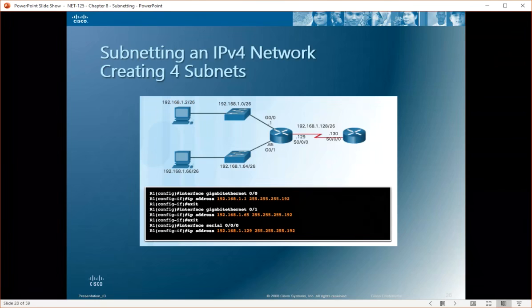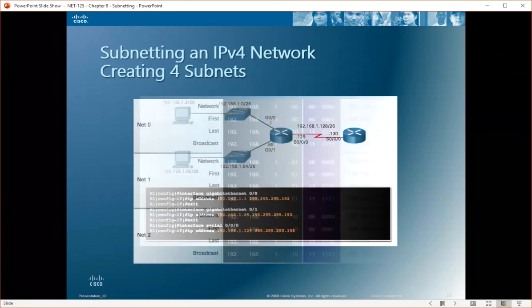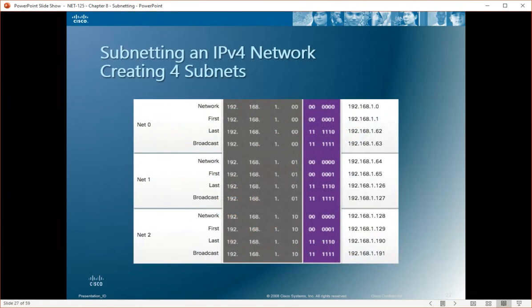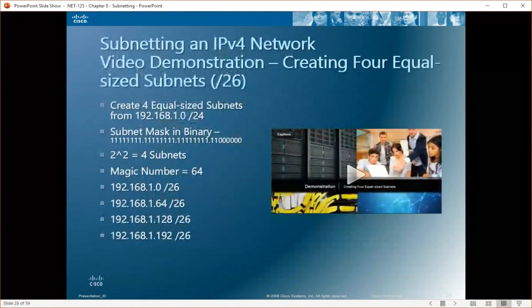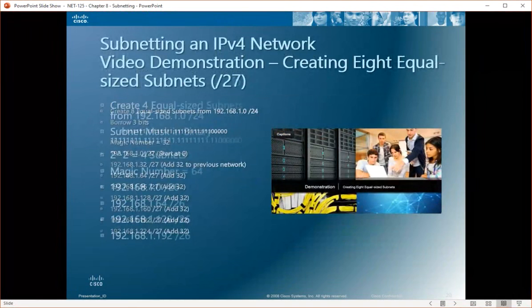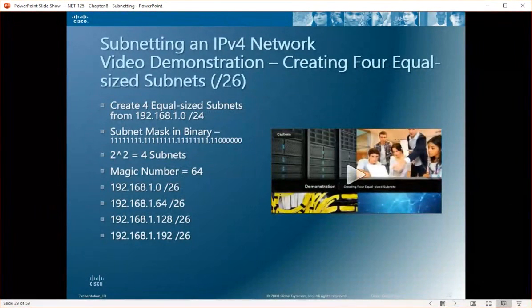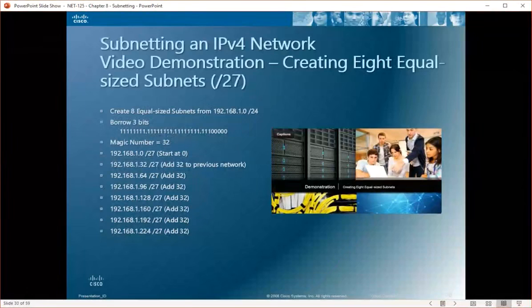We've got our interface here .1, interface here G0/1 .65, and then we've got our 129 on this side, which would be normally starting our first host address on network 2, connecting over to 130 on the second router and creating the opposite side.